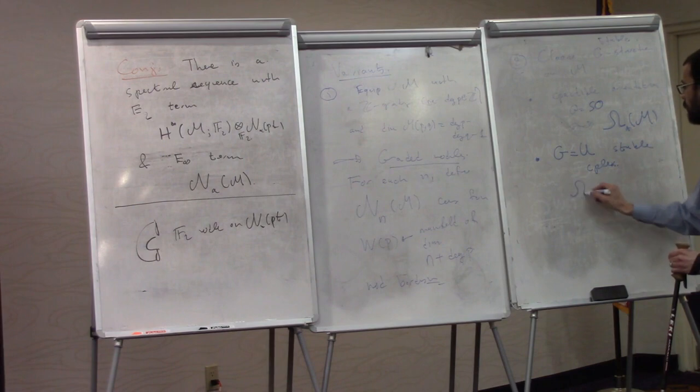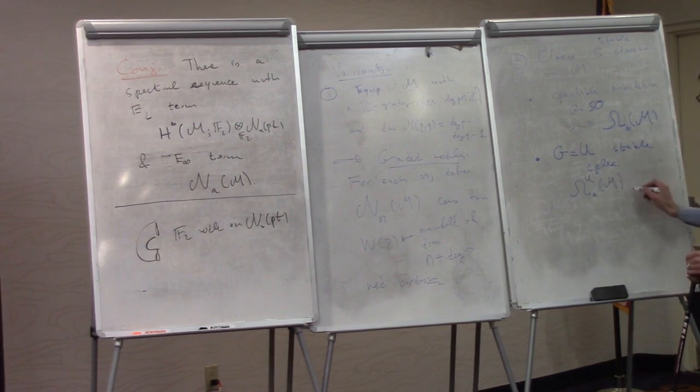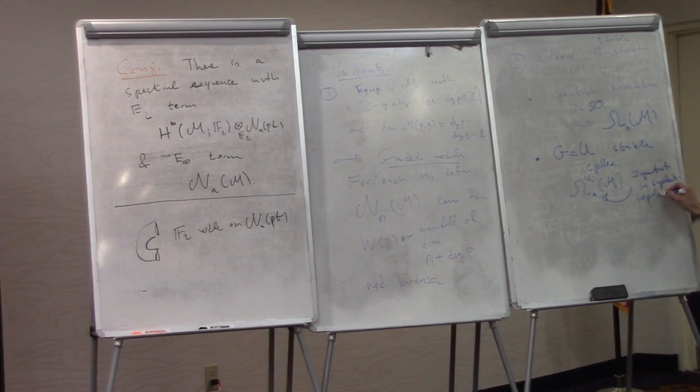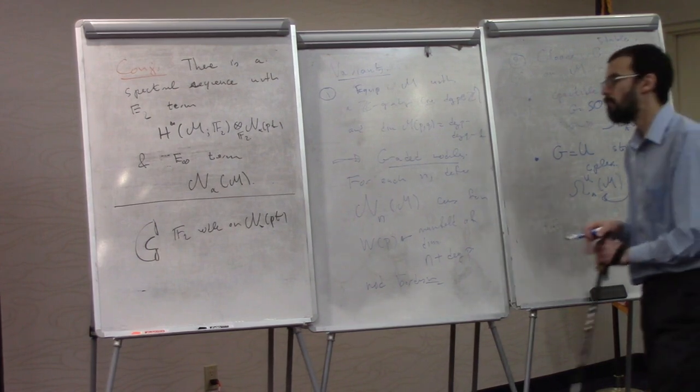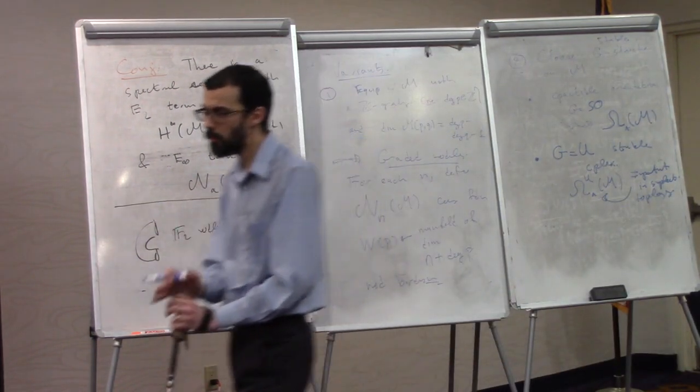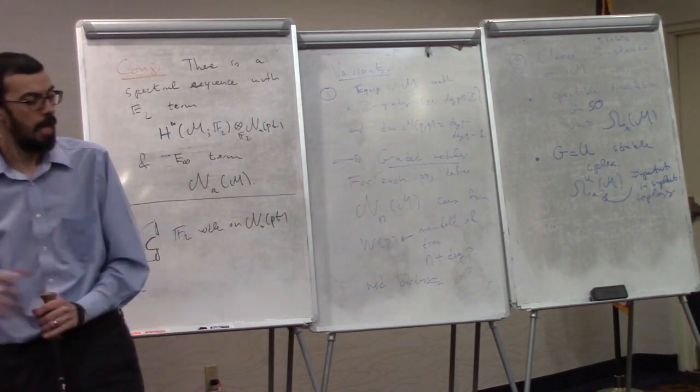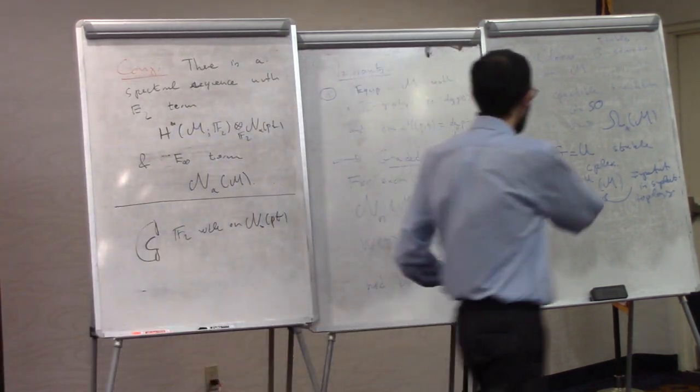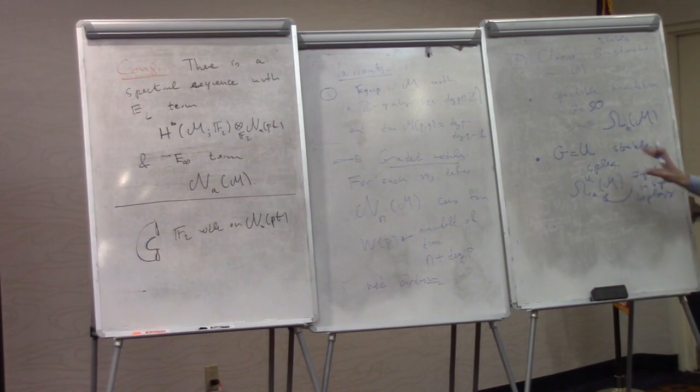And maybe I'll write this as Omega U of M. I want to point out that this case is particularly important in symplectic topology, because if your flow category is coming from Hamiltonian Floer theory, that is, if you don't have Lagrangian boundary conditions, you're doing some kind of absolute theory, you always have this kind of data. Okay?